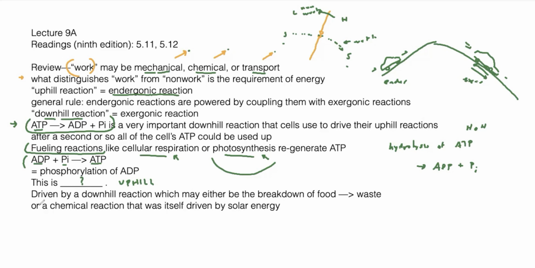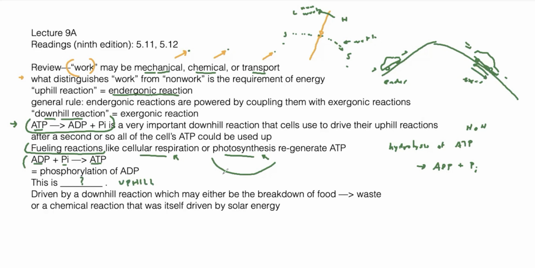Good, no worries, no sweat. The other half says that, and this is where we're at right now, we can't just have that happen. We also have to have another set of reactions that are going to restore the ATP by coupling the phosphorylation of ADP with other downhill reactions.